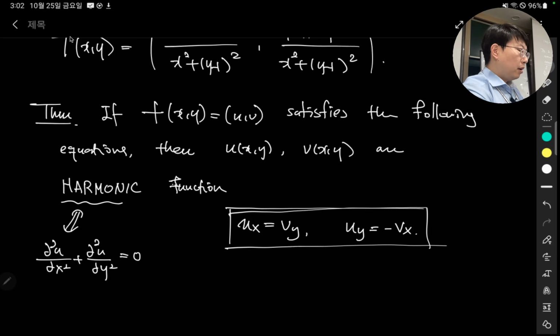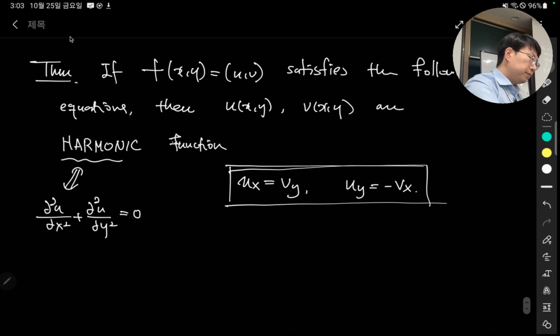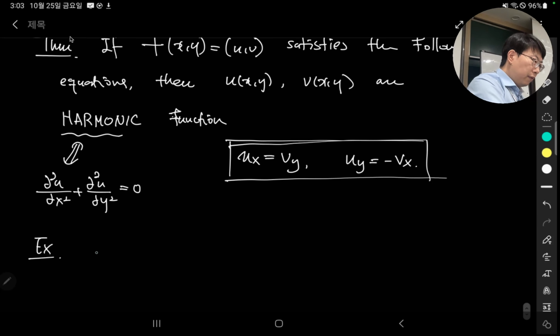But it gives you a way to find harmonic functions. All you need is to find a two-variable function having this property. And if you know the complex function theory, which is comparatively easy, what you need is to find a function that is purely in terms of the complex number z. So I'll give you an example.